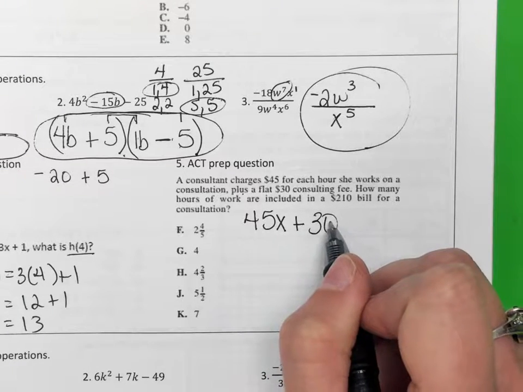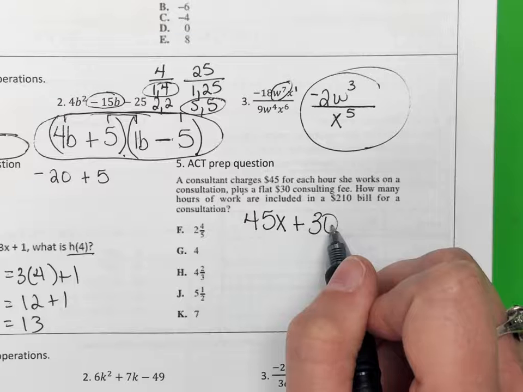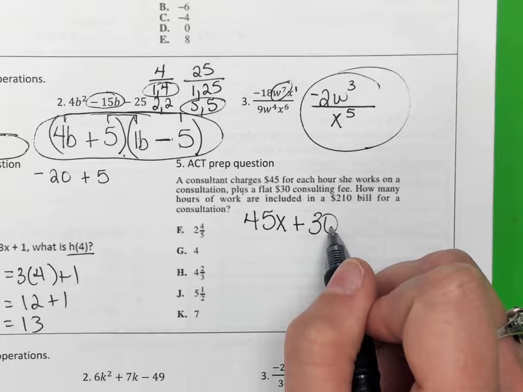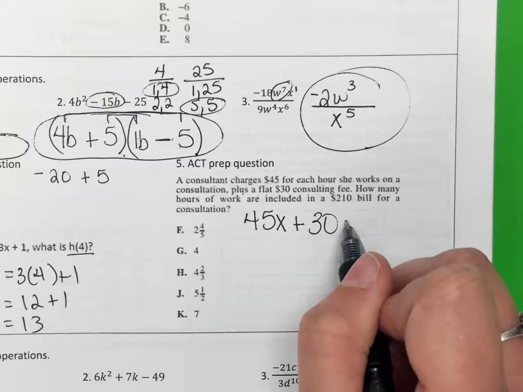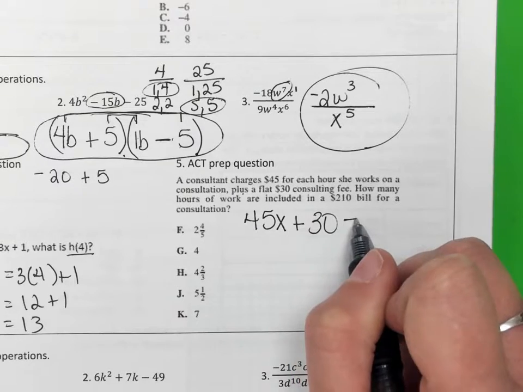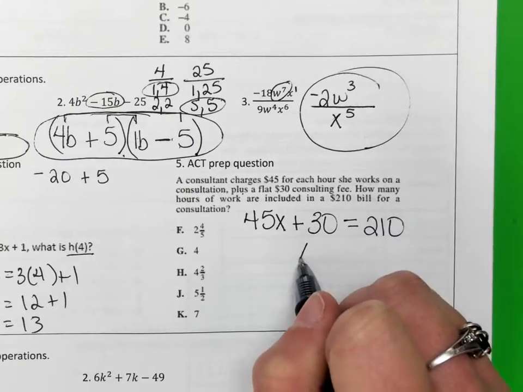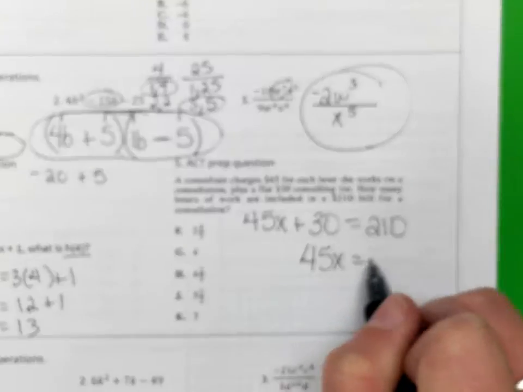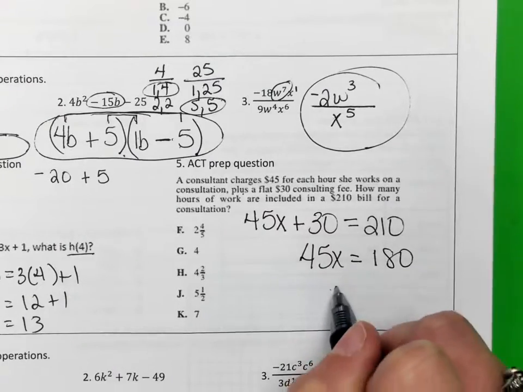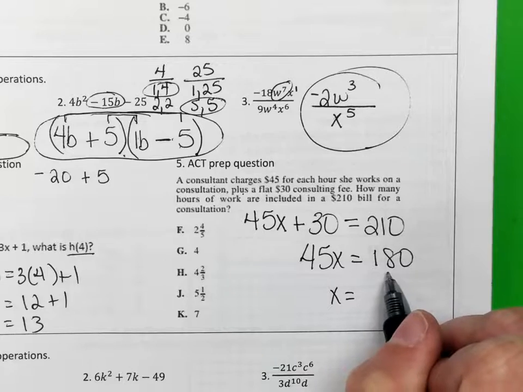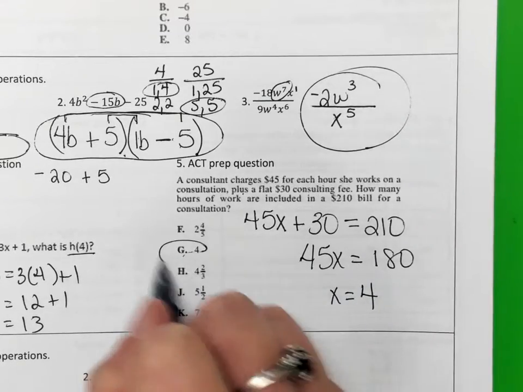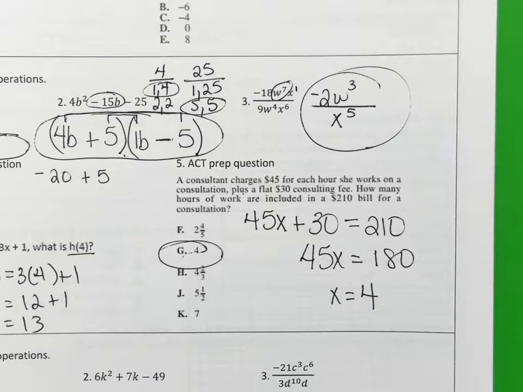If 30 is a flat rate, should it just be 30 or should it be 30X? Just 30 because it ain't changing. And then it says how much will it be for your total bill to be $210. So you move the 30 to find X. And that'd be, what, 180? Divide, and that is 4. Yep. There you go. Y'all good? Got lost?